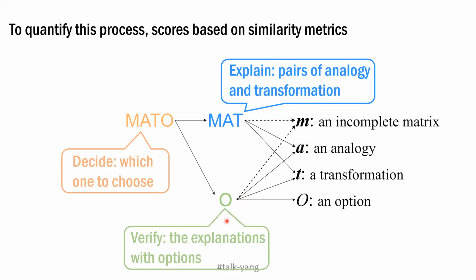And for the second step, we have this O score here. It measures how well an option fits into the matrix given the analogy and the transformation. And the third score for the third step is simply a weighted average of these other two scores.